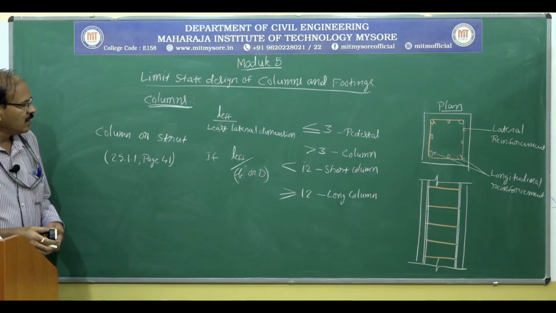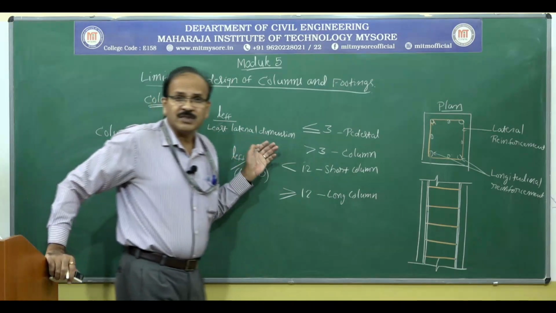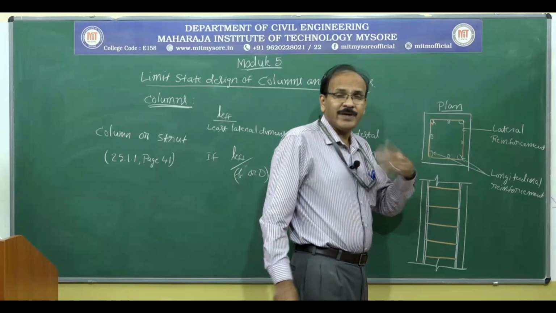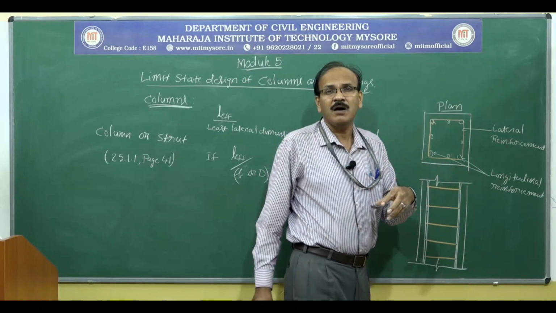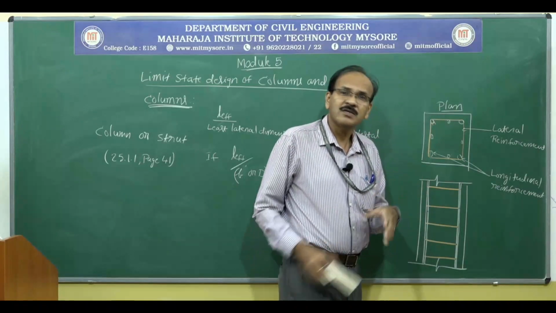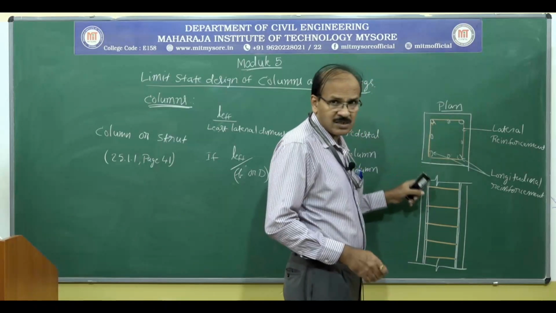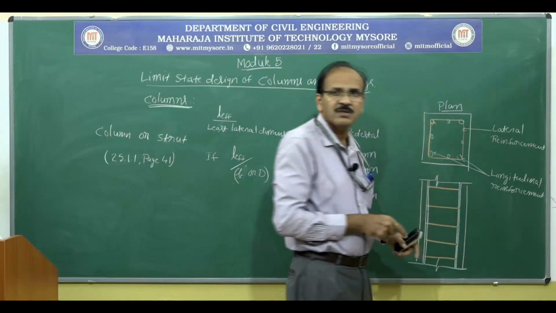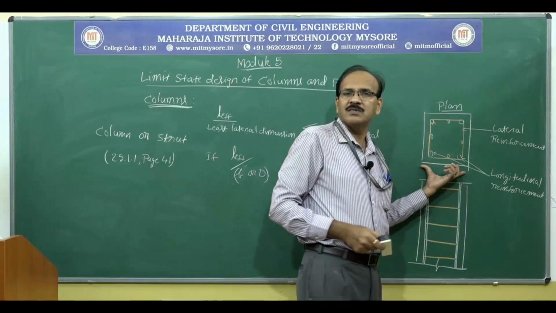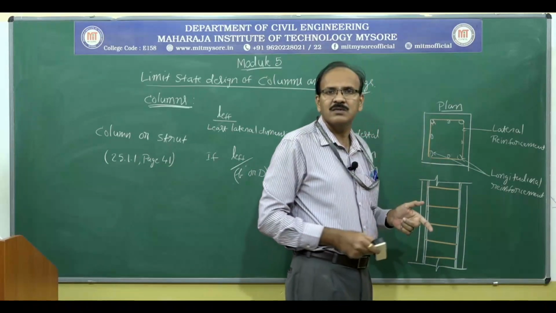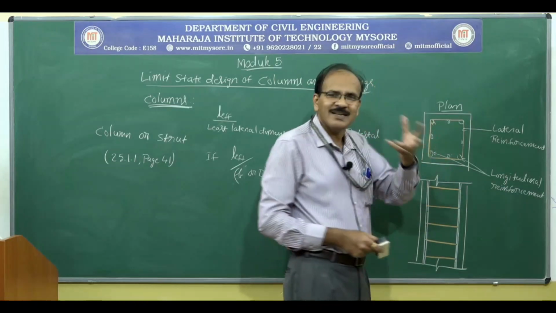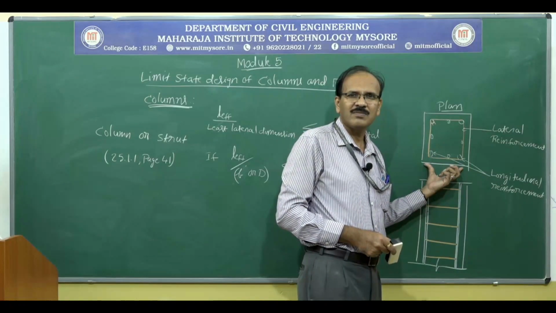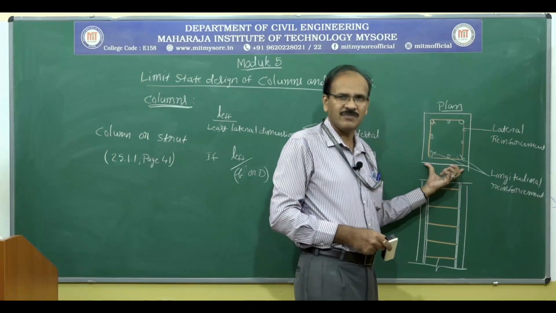See, when I say least lateral dimension, a column may be of rectangular shape, or a square, or a circle. In case of rectangular section, we have 2 different dimensions. One is width and the other is the depth. And this width is less than the depth. Which is the least lateral dimension out of these 2? The smaller one. That is the breadth of the column.